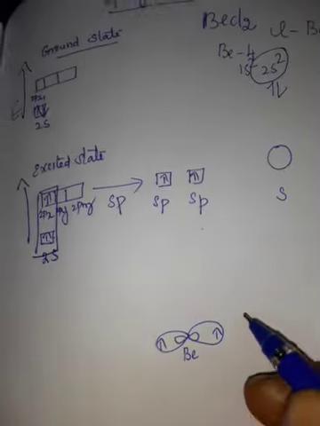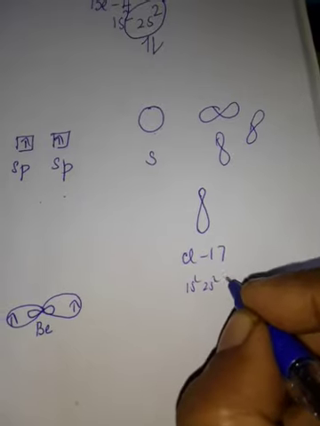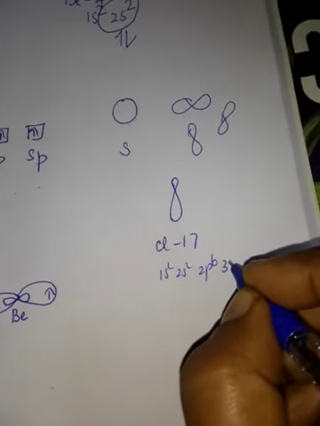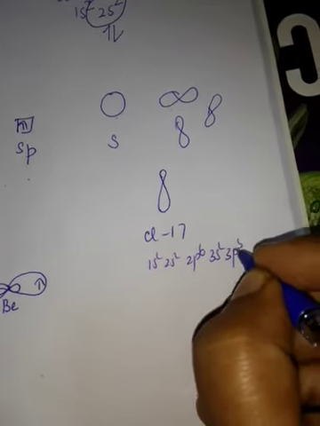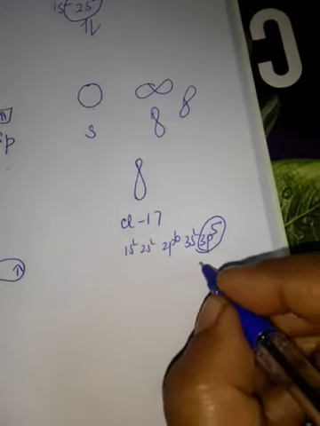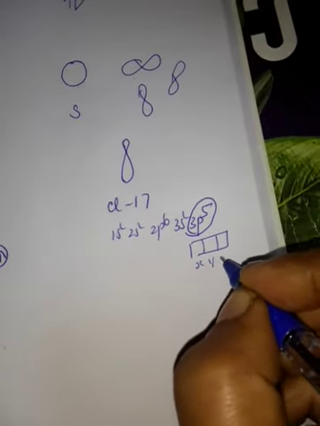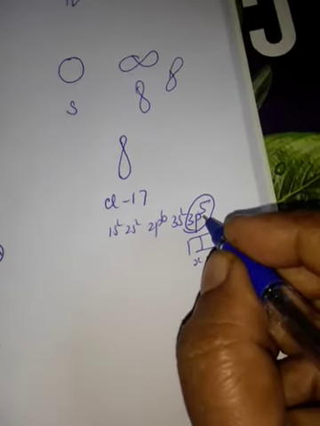Now having 2 chlorine atoms, chlorine atomic number 17, 1s2, 2s2, 2p6, 3s2, 3p5. 3p5, p having 3 orientations, x, y, z, 5 electrons.